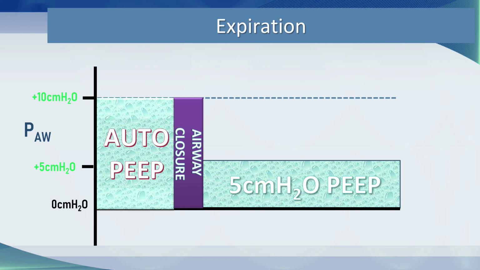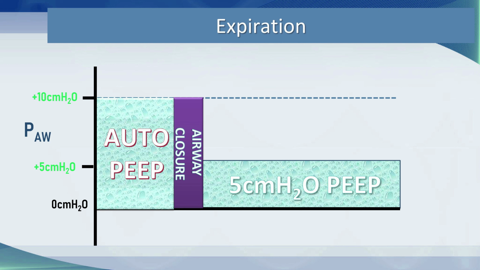This results in 2 problems. 1, the airway pressure that is required to reopen this airway during inspiration imposes a significant additional work of breathing, and 2, the gas that is trapped in the alveoli is not refreshed and it becomes stale, low in oxygen and high in carbon dioxide. There are 2 ways that this problem can be overcome.